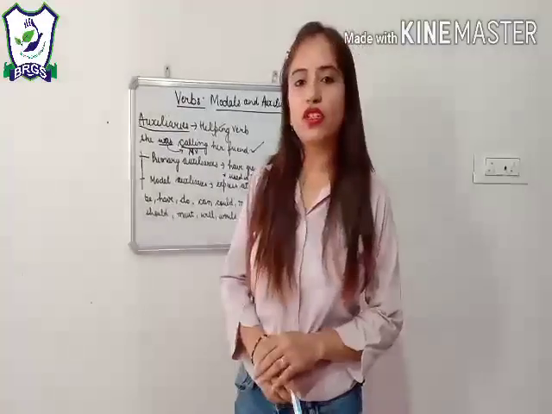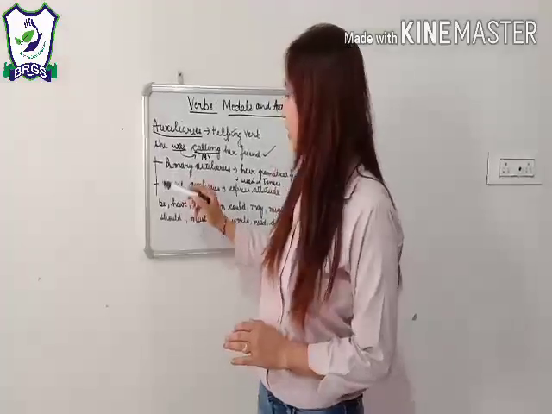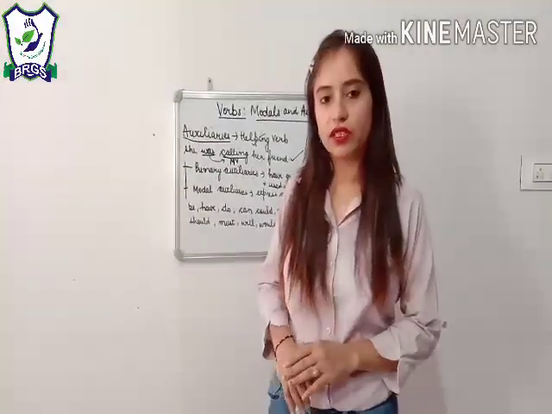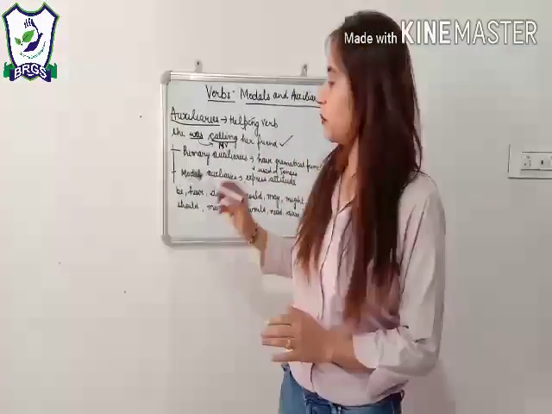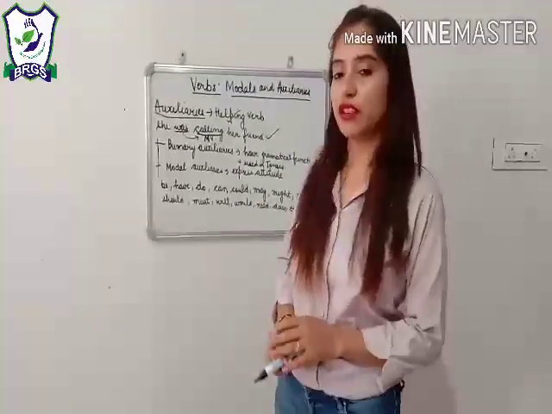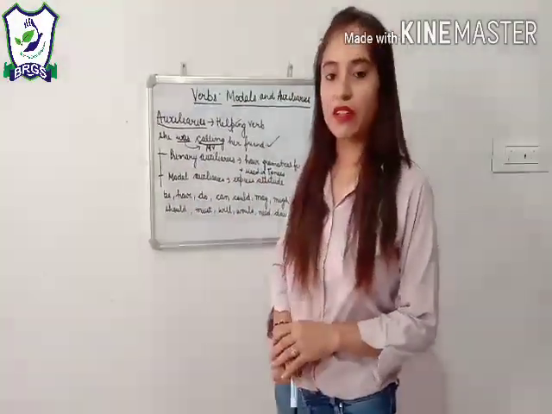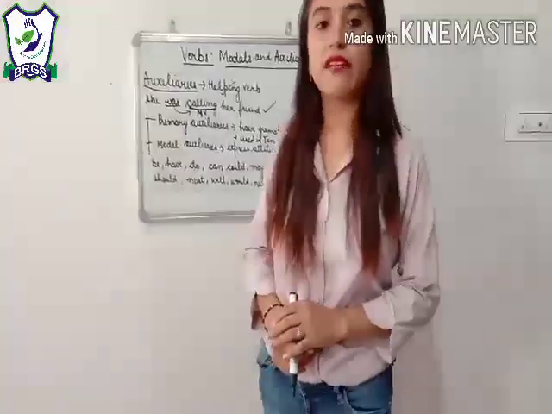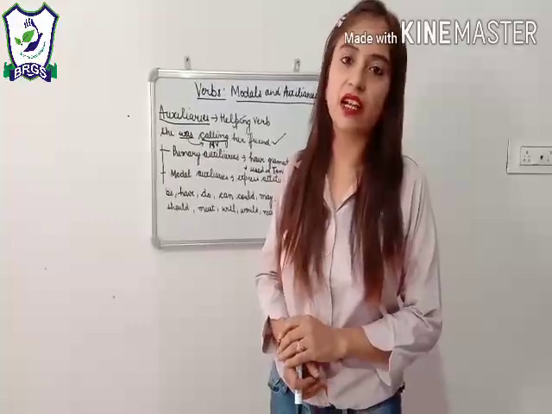Now, these auxiliary verbs are of two types: primary auxiliaries and modal auxiliaries. Primary auxiliaries have grammatical functions, and they are used when we learn tenses, when we frame sentences out of tenses.